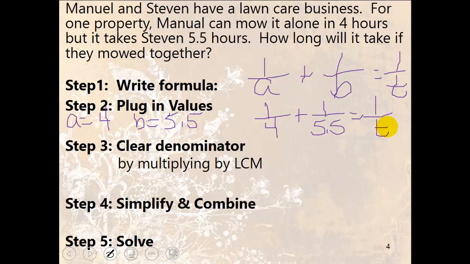All right, now we have to clear the denominator by multiplying by the least common multiple. So here's our least common multiple, 4 times 5.5 times T, okay?